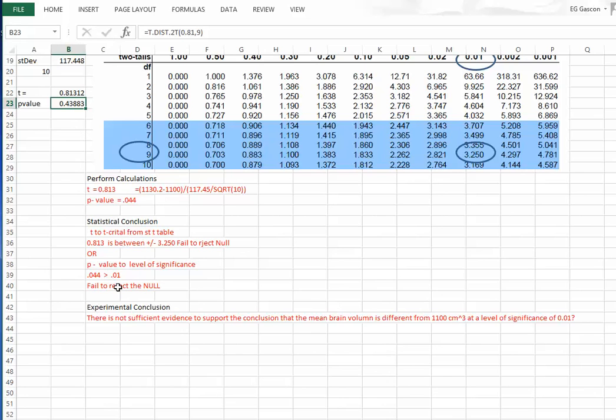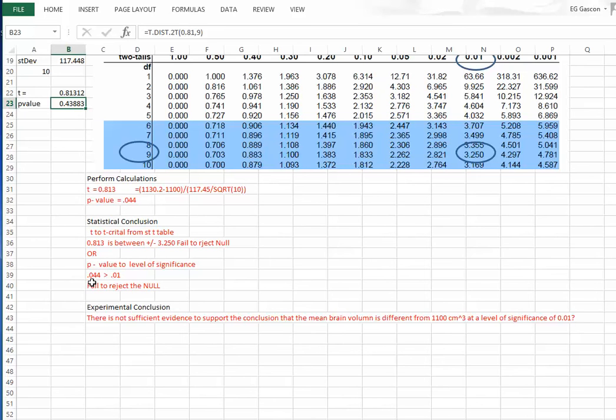I can do it one of two ways. I can either compare t to the critical values, in which case I'm comparing a 0.813, and it happens to fall between plus and minus 3.25. So my statistical conclusion would be to fail to reject the null hypothesis. Or I could compare the p-value to the level of significance, which is the most common done in most research today.